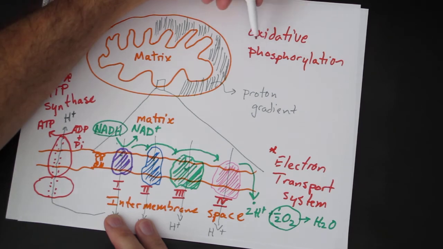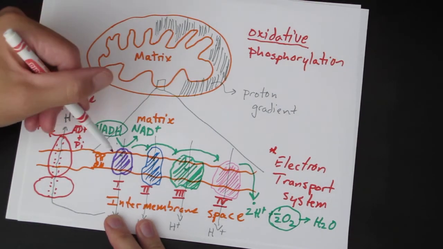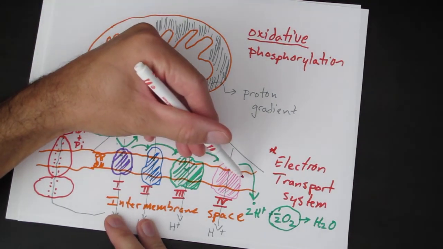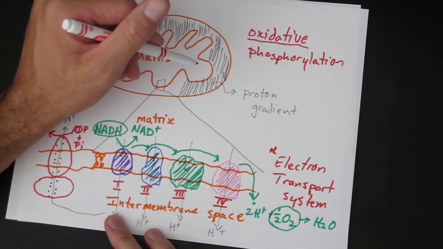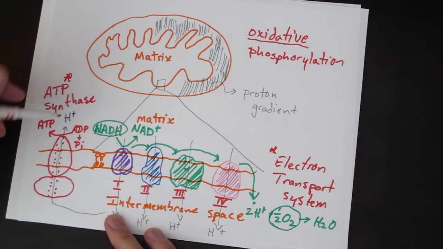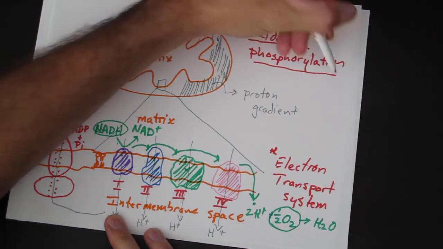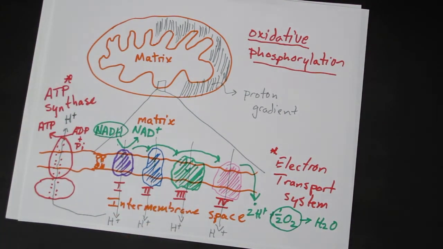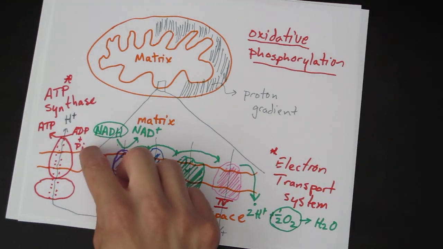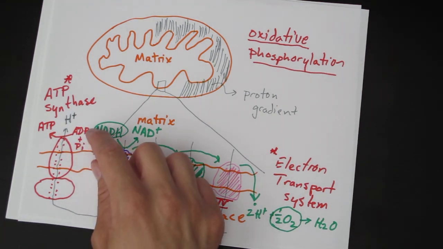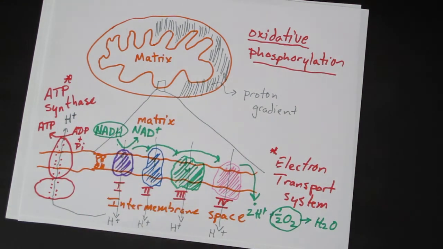Oxidative is referring to the transfer of electrons here in the electron transport system, those sequential reduction oxidation reactions. And phosphorylation is referring to what's happening with ATP synthase, where we have the phosphorylation, or the addition of a phosphate to ADP to make ATP.